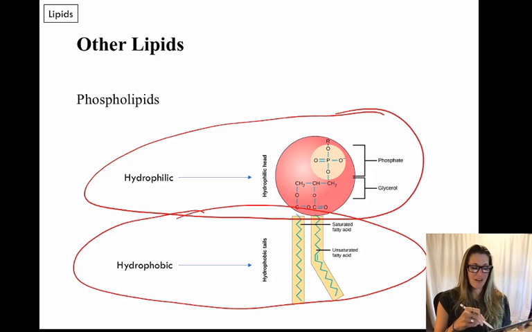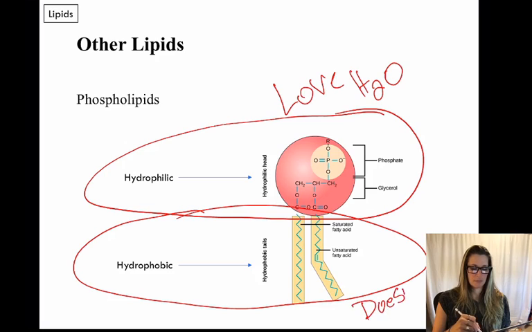So this part of the molecule likes water. I love water. And this part is scared of water, doesn't like water. What is that even about, having a molecule like that? How is it going to work in the body? But think about that for a minute.